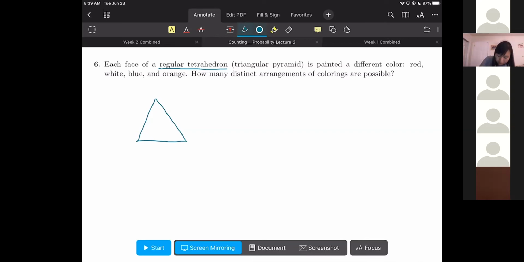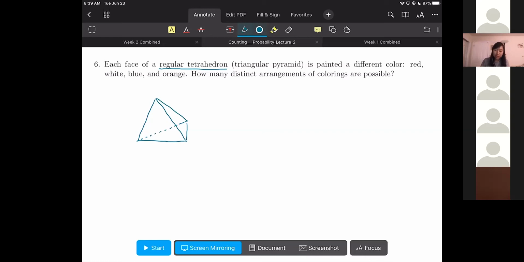Then you have a base here that's a regular triangle, and then you have 3 faces that are all triangles. Does everyone see that shape? So we have 4 faces, 3 plus a base, and all of the faces are the same because they're all equilateral triangles.